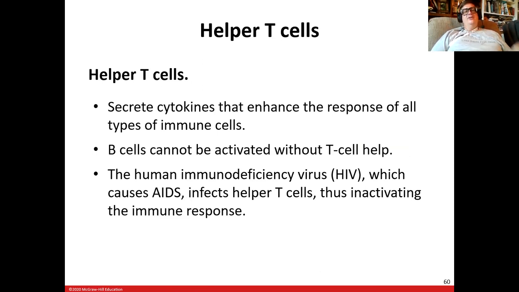Helper T cells release cytokines, and that makes all kinds of immune cells work better. It activates and wakes them up. A B cell, remember, like your memory B cells, can't be activated without a helper T cell doing its job. HIV attacks helper T cells, attacks white blood cells.